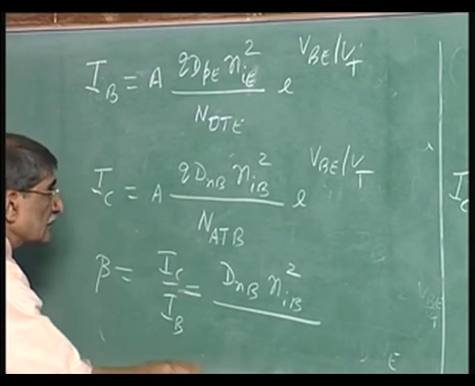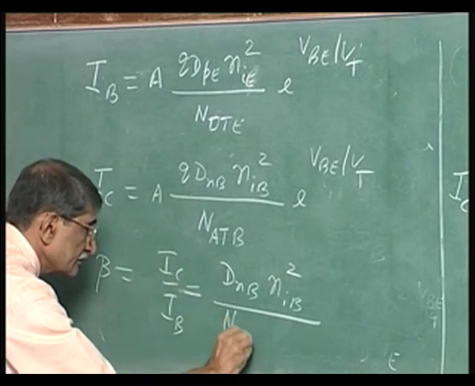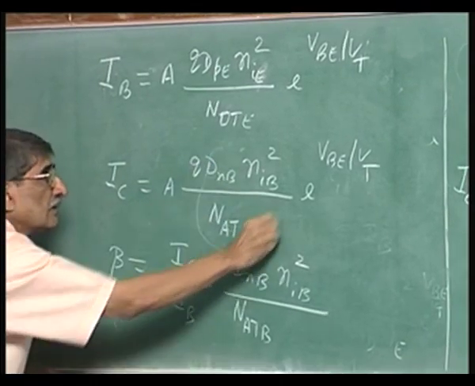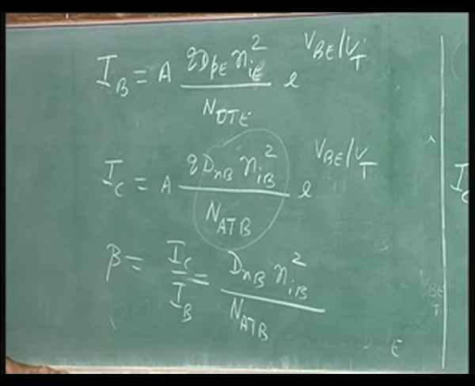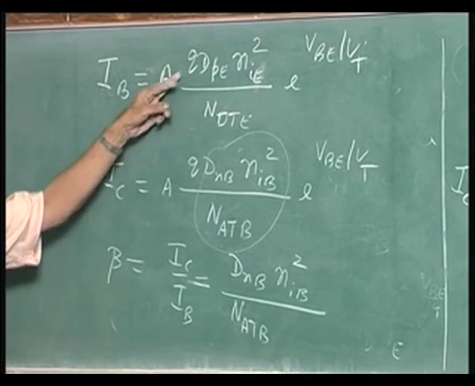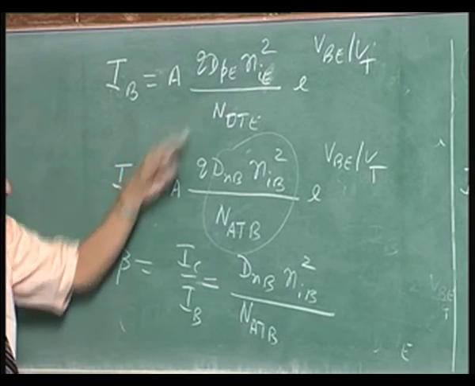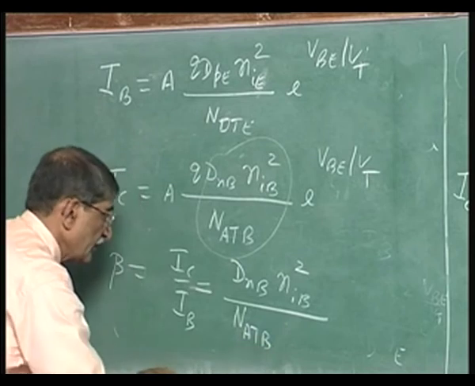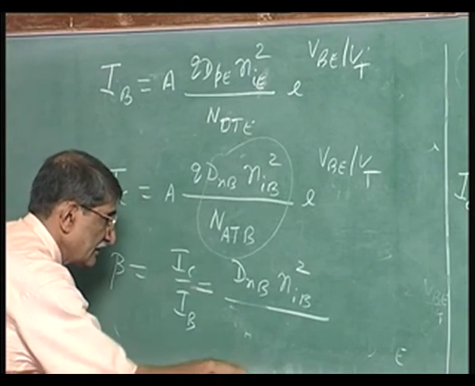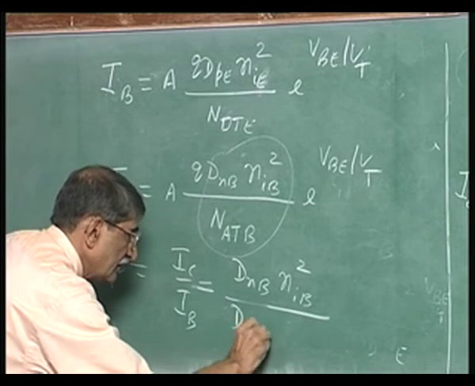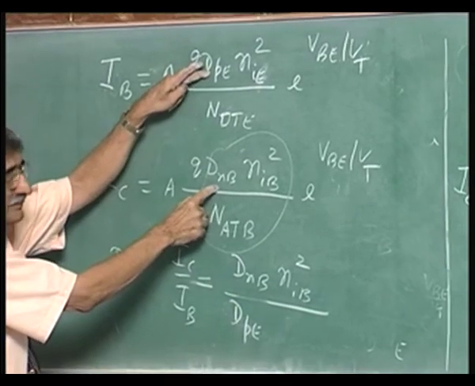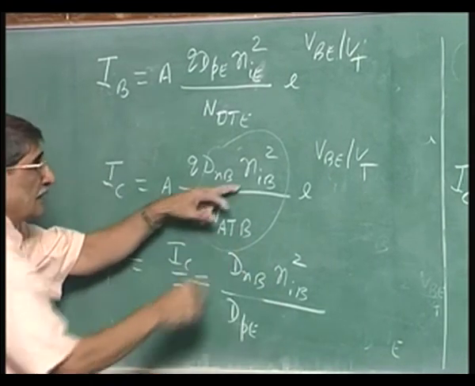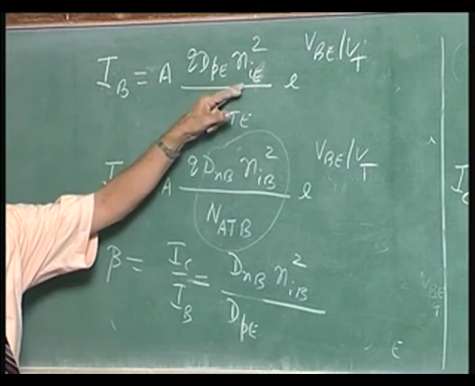Q gets cancelled, DPE. I think what I will do is I will write one below the other: DNB by DP, and you have got NIB squared divided by NIE squared.